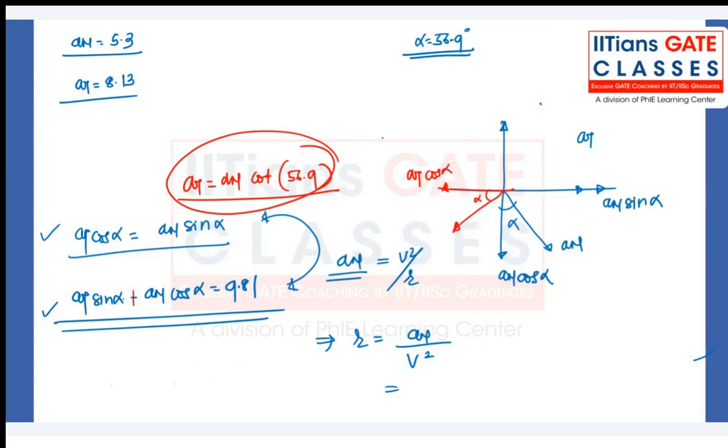So just put the AT value here: AN cot of 56.9 plus AN cos of 56.9 is equal to 9.81. From this, tell me the value of AN quickly.